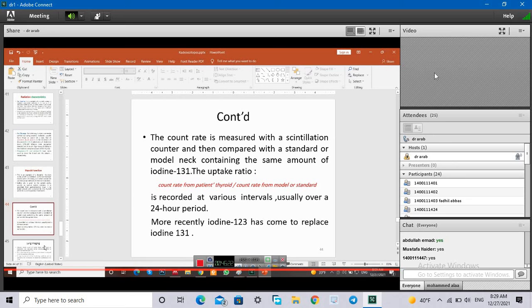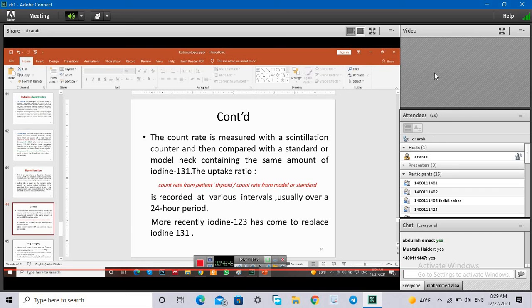The amount of absorbed iodine, as a measure of thyroid function, can be estimated by counts, which are measured with a scintillation counter and then compared with a standard or model neck containing the same amount of iodine 131.